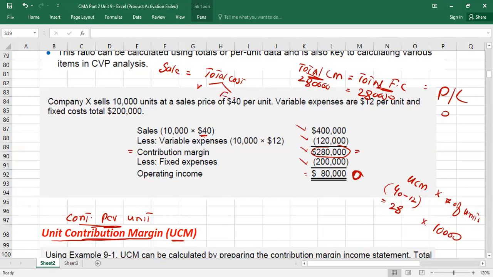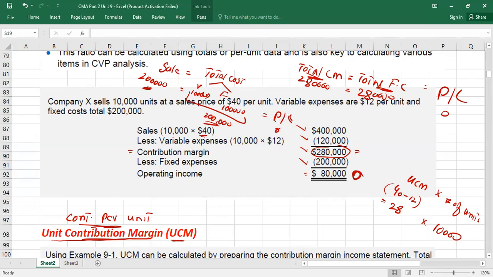For example, I'm assuming my sale is 200,000, my variable cost is 100,000, and my fixed cost is also 100,000. It means my total cost is 200,000. If sales are 200,000 and total cost is also 200,000, again the profit and loss will be zero.